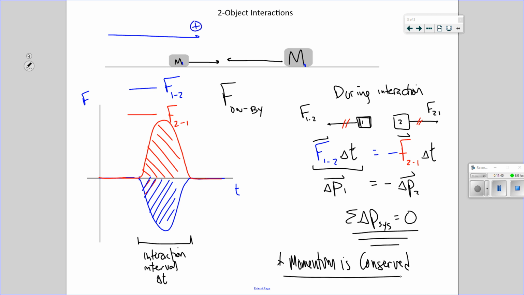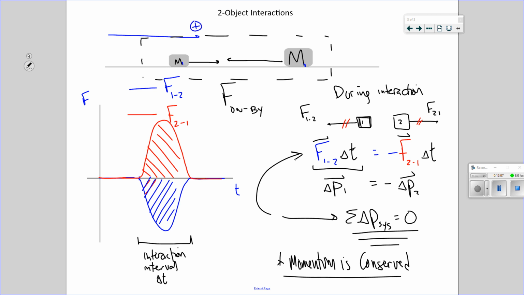All right, so what definitely does happen is that when objects interact, each part of this two-object system will change momentum. But the sum of the changes of momentum of the whole system is nothing. That is because, quite literally, the forces that objects exert on each other are equal and opposite, and that happens with the same amount of time.